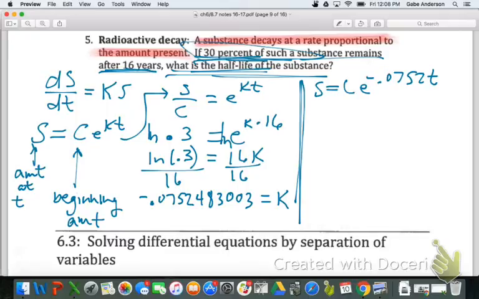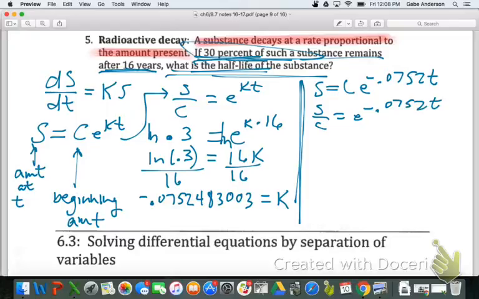So I see a T right there. So I kind of feel like we're going to end up solving for T in the end. So that means we've got to have something for S and maybe C. Yeah, so it needs to have a relationship of 50%. Now, we don't know what C was, but because we're looking for half-life, if I do the same thing I did before, I can say S over C equals e to the negative 0.0752 t.